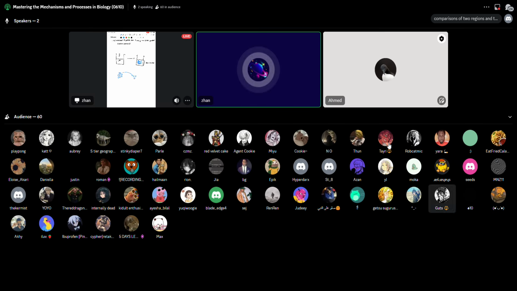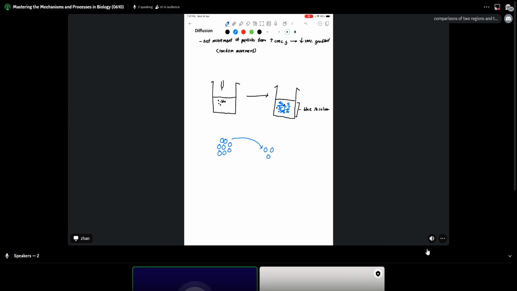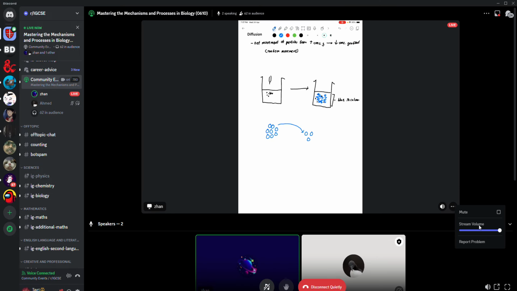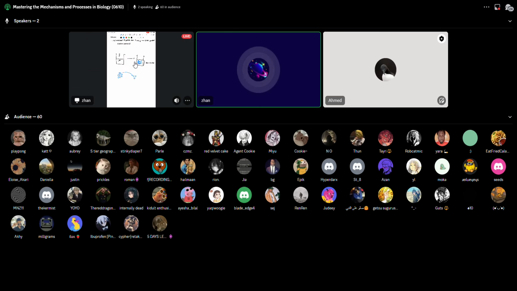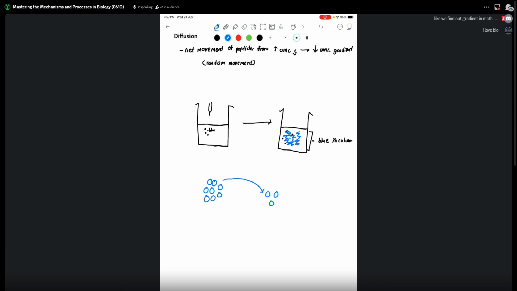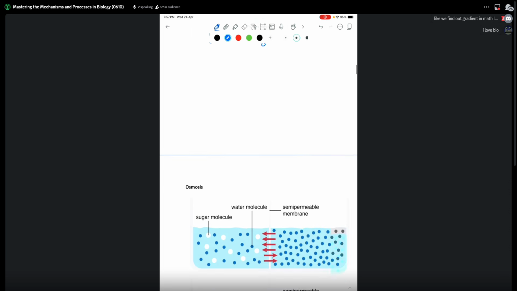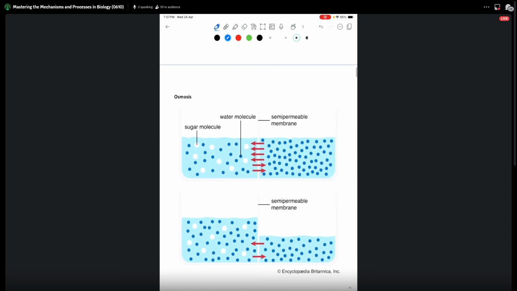What is the concentration gradient? Both sides have different concentrations. One side may have more, one side may have less in amount. So when there's a higher amount, it will always flow down from higher to lower. It's always like this.